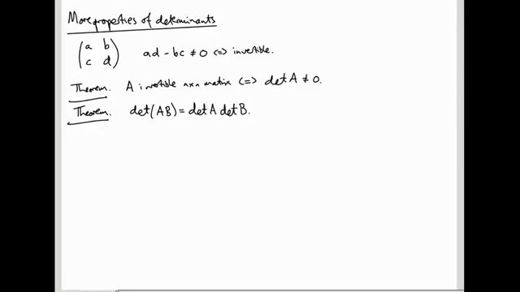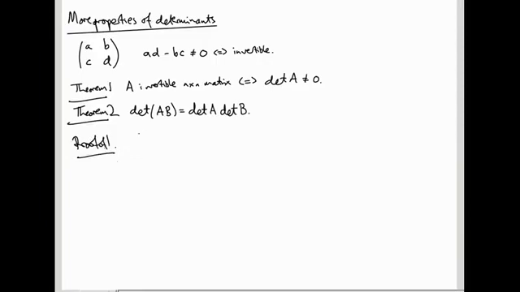So that's a very nice fact. Makes the determinant a really powerful tool. So let's call these theorems 1 and 2, and let's prove theorem 1 first.